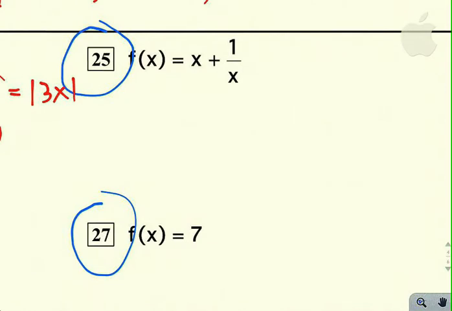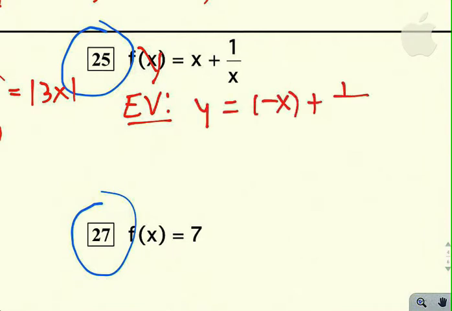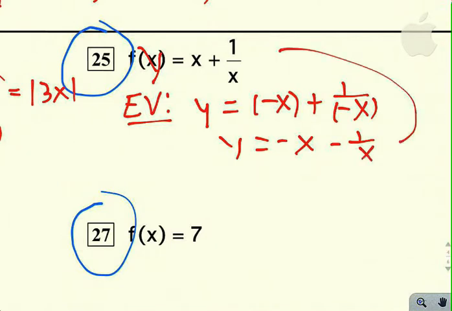For 25, let's check it for even. And think of f of x as y, so that means y-axis, negate the x. So y equals minus x minus 1 over x. Not equivalent.